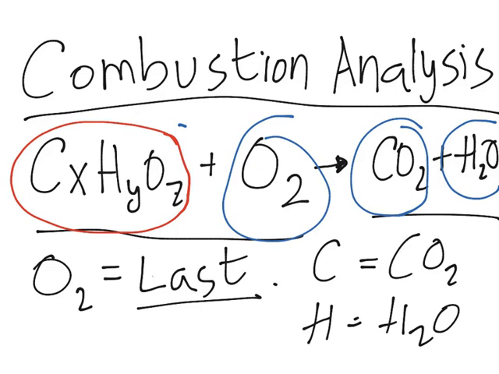So to start a combustion analysis, what you want to do is to get the grams of each of the products. So you want the grams of the CO2 and the water and then you can get the moles from it. And when you have the grams of the CO2 and the water, you can get the grams of the oxygen too, just by a subtraction that I'll show you.